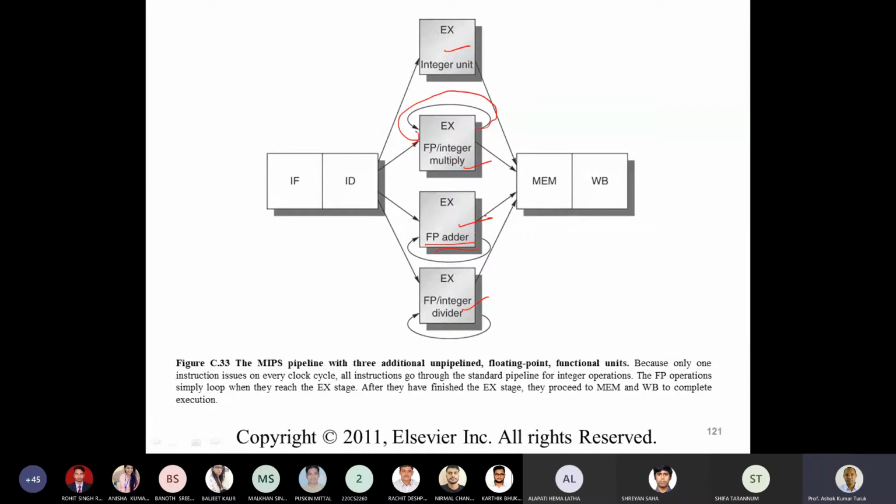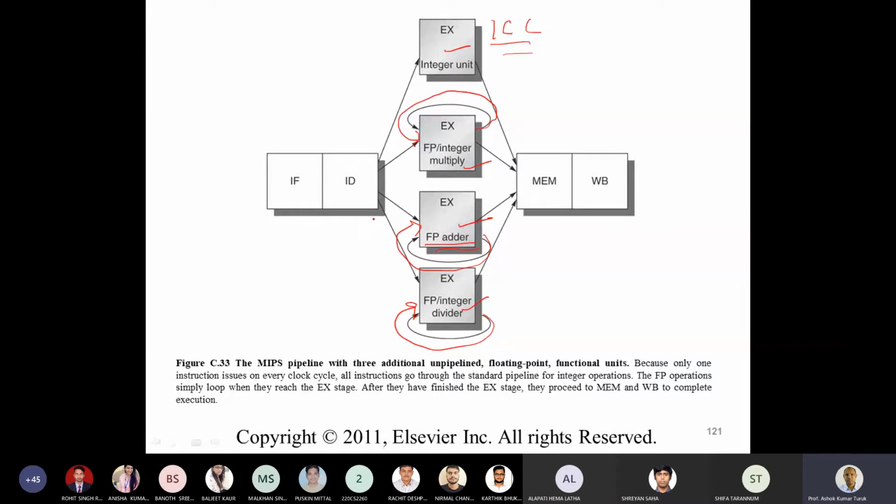It is not mentioned how many clock cycles, but it simply says it takes multiple clock cycles. The floating point addition also takes multiple clock cycles, and the division is also going to take multiple clock cycles. Now the integer operation takes only one clock cycle. So at every clock cycle, if it is an integer operation, the execution completes at every clock cycle.